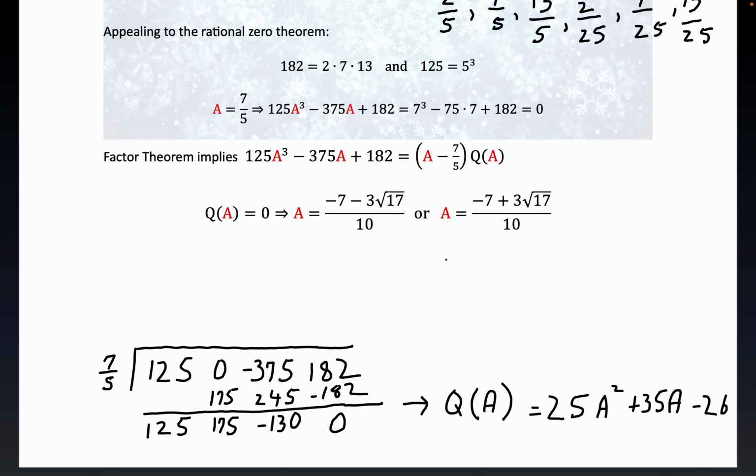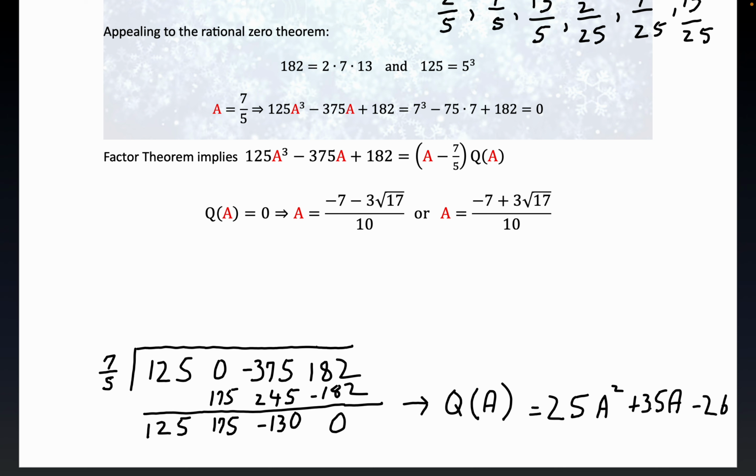Now that quadratic, this Q of A, is given to us by these numbers here, which constitute the coefficients of the quotient. Again, you can do long division if you want. Notice I went ahead and divided through by 5 and I got this quadratic. The solutions of this quadratic, I didn't bore you with going through the quadratic formula, which is required.